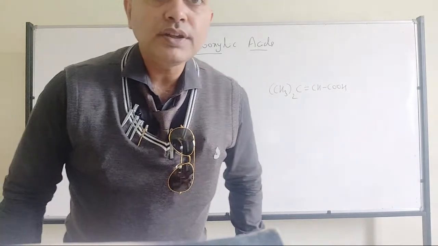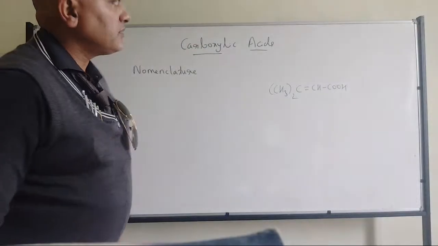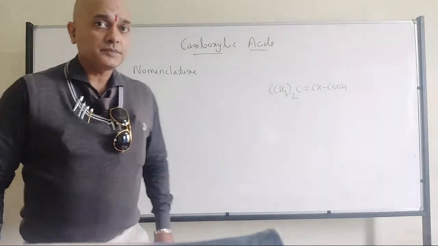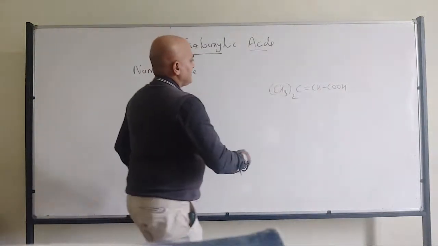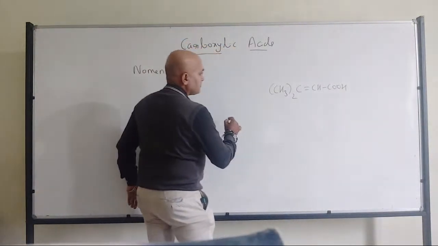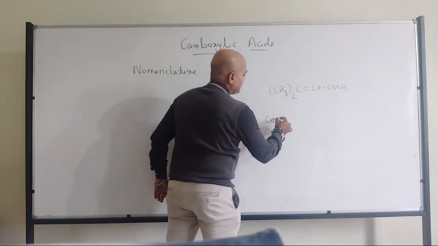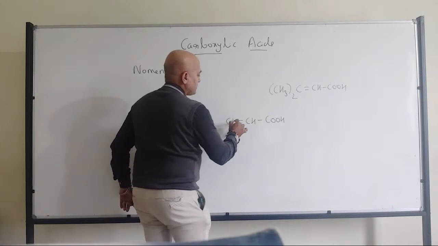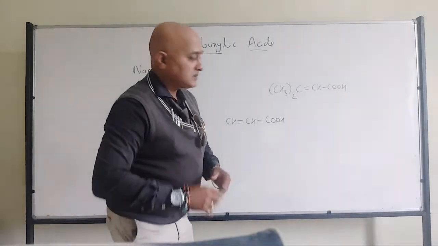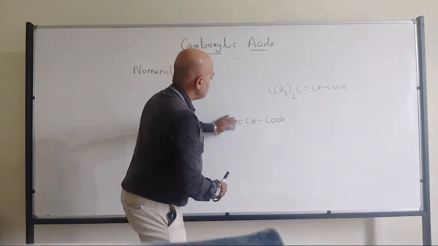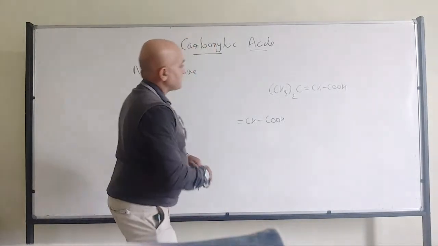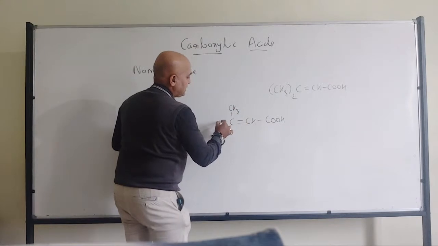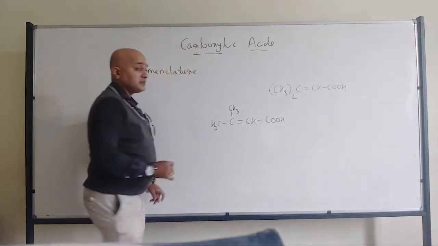3-methyl but-2-enoic acid. Okay. All of you will agree with that? That is absolutely correct, because I can write this molecule as CH=CH-C, where one methyl group is there and another methyl group is there.